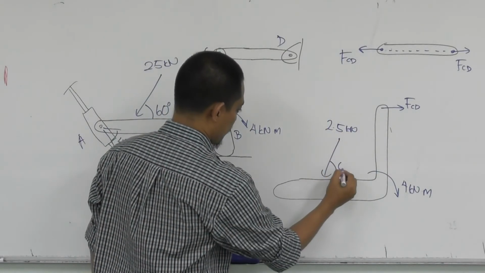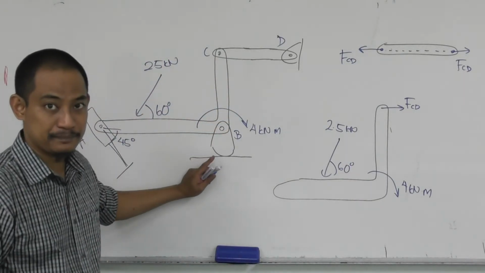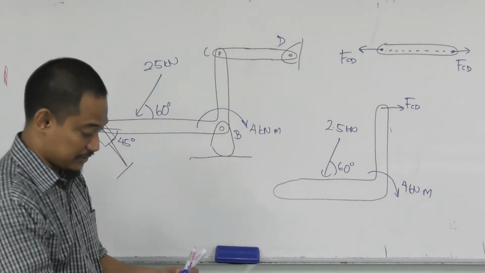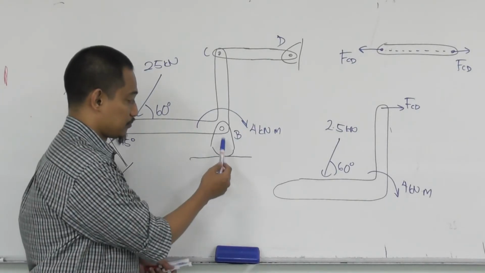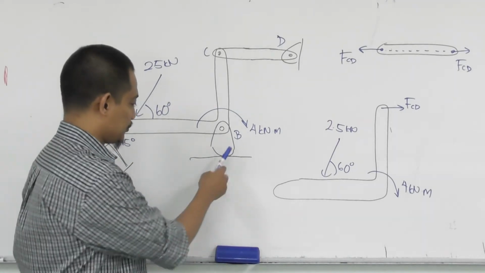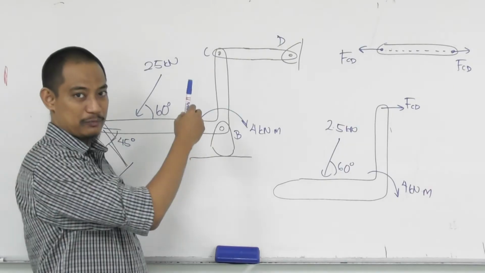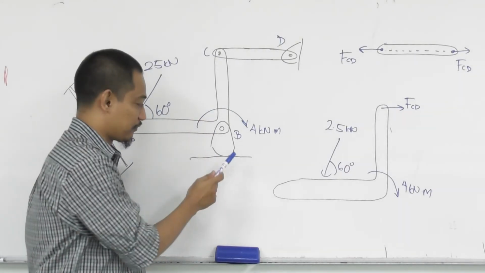What about this rocker? Again, for this rocker, the prevention is upwards, right? Because you can move to the right and to the left. You can actually move upwards also, but you cannot move downwards because of the ground.